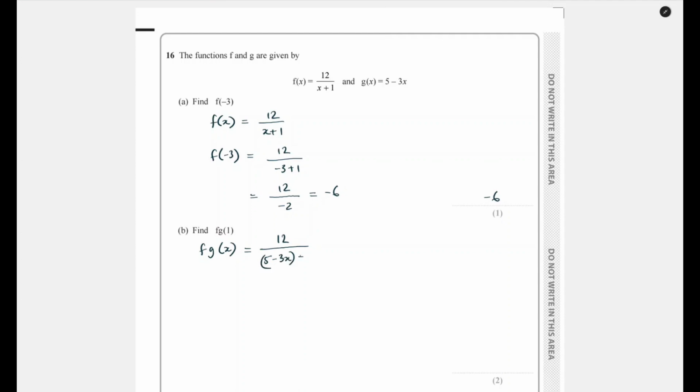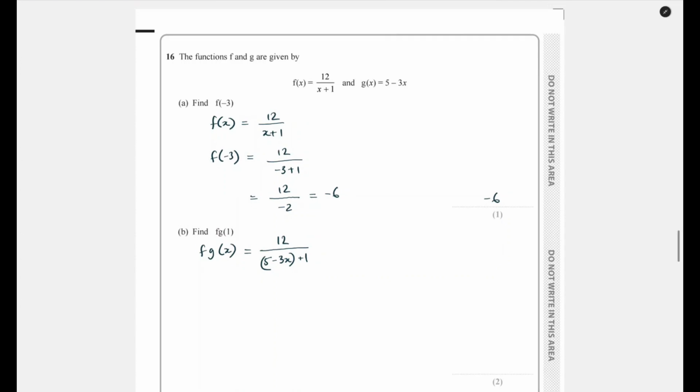And then the rest of it is just plus 1. And so we can simplify that as 12 over (5 plus 1 is 6, minus 3x). And that is our f of g of x.